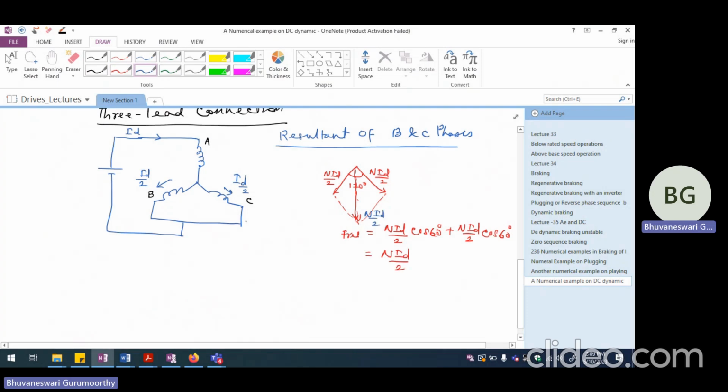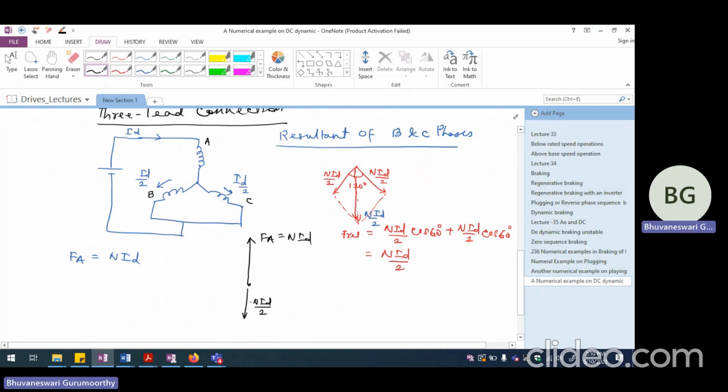And this is the resultant that has to be added to FA. So FA is NID, which is in, let us say, this direction. This is NID. And we are going to have NID by 2, which is in this direction.